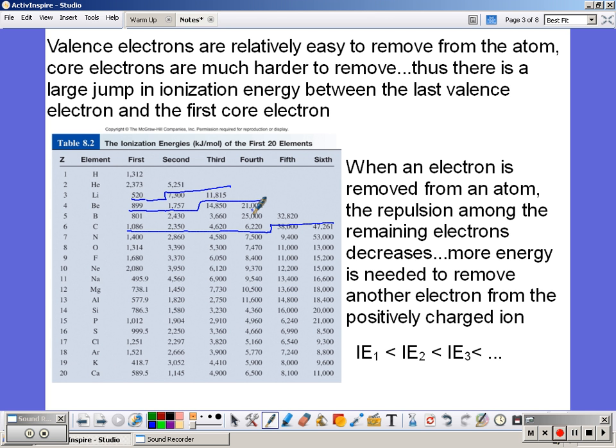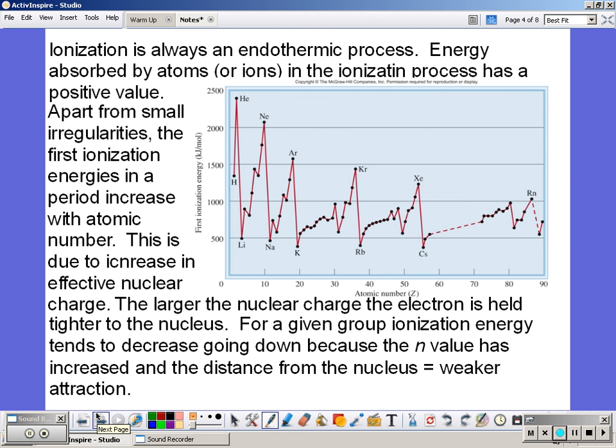So the first ionization energy is less than the second, which is less than the third, and so on. So each time we remove an electron, the ionization energy should be increasing. Ionization is always an endothermic process, so energy is absorbed by our atoms or ions, and the ionization process has a positive value.